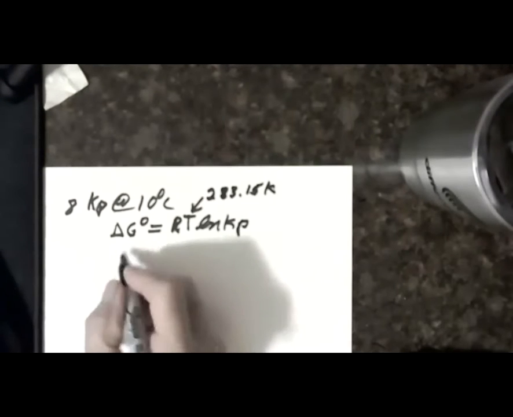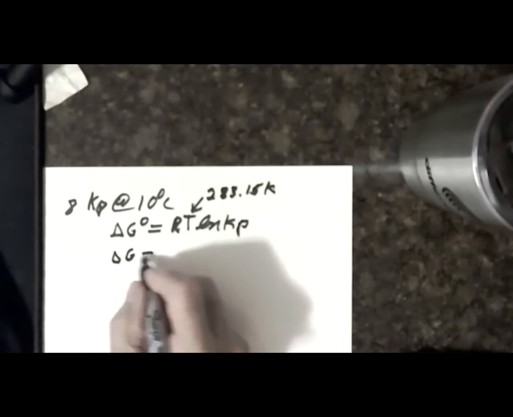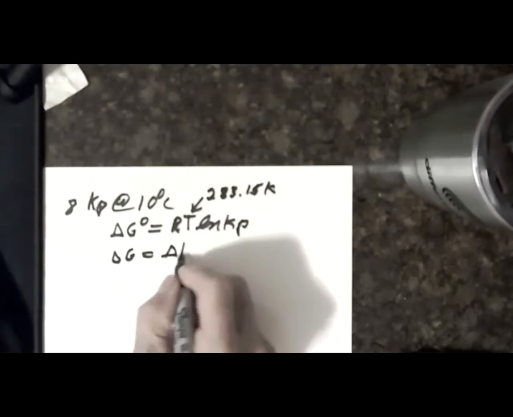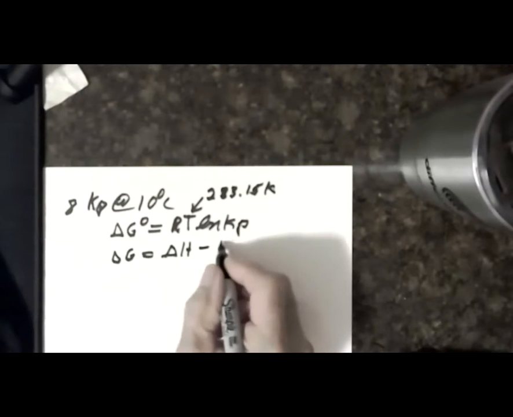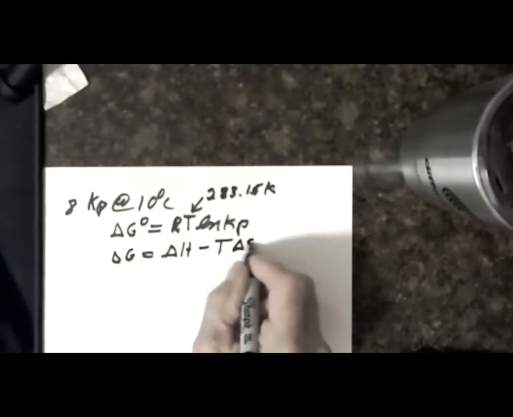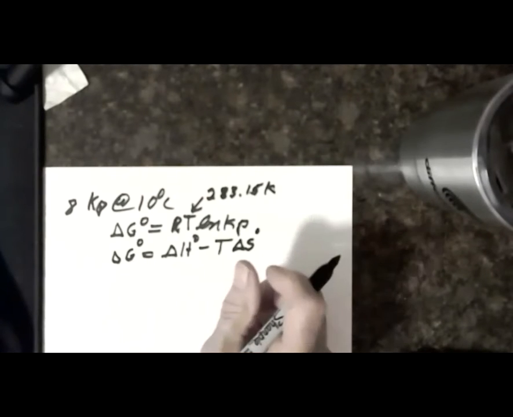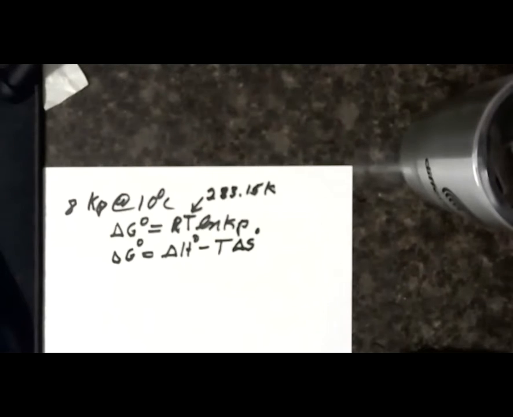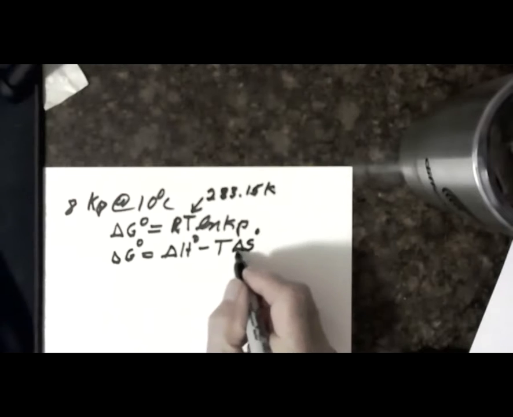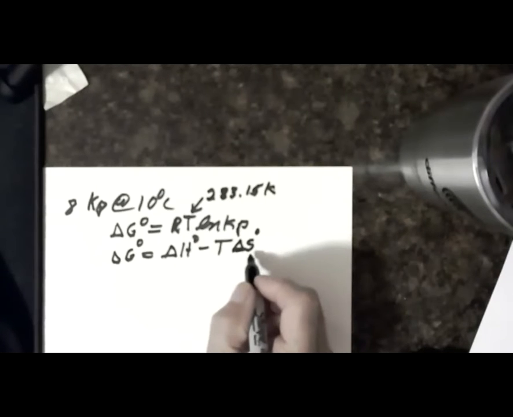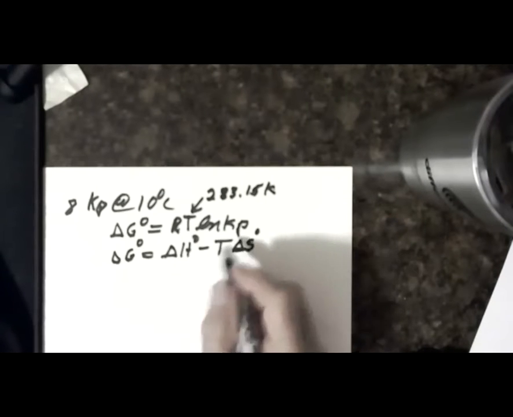Now remember how we do that. Delta G is equal to delta H minus T delta S. Got superscripts here for everything. And now we've already calculated delta S and delta H.